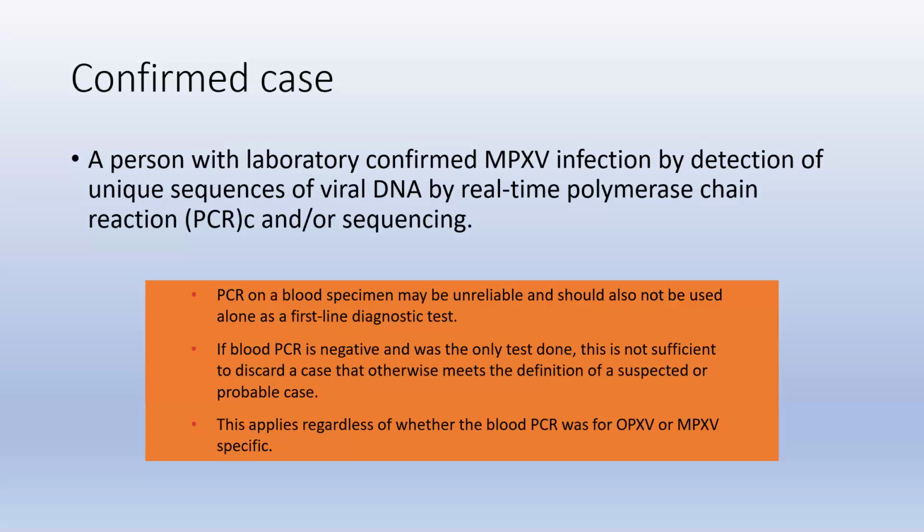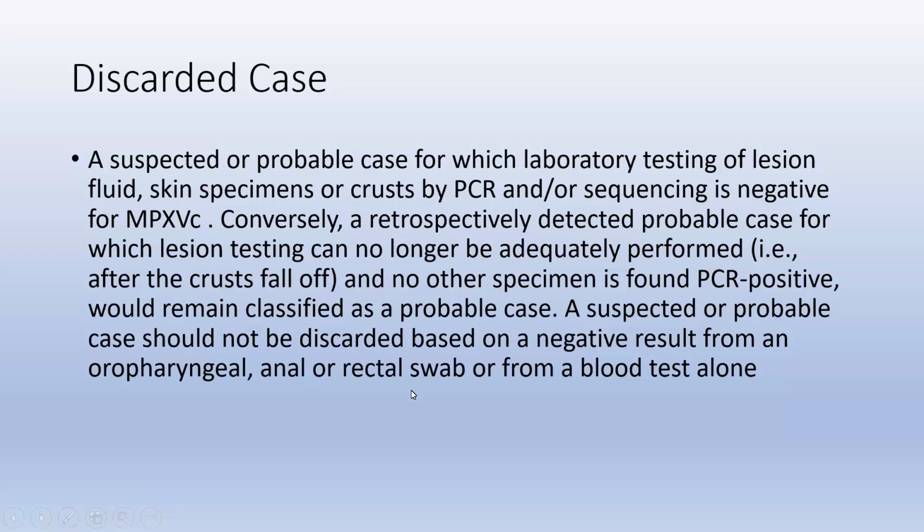If a blood PCR is negative and it was the only test, it's not sufficient to discard a case that otherwise meets the definition of suspected or probable. And this applies regardless of whether the blood PCR was for the orthopox viruses or specifically for Mpox. So basically, a blood PCR test is not enough to rule out Mpox in a patient.